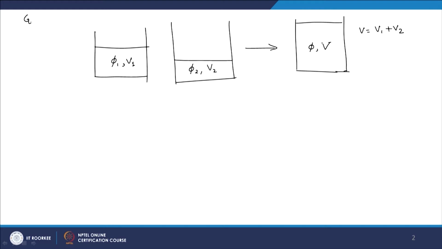Just to recall, we said that the Gibbs free energy can be written as volume multiplied by f of phi, T, where this particular function f is known as the Helmholtz free energy density.